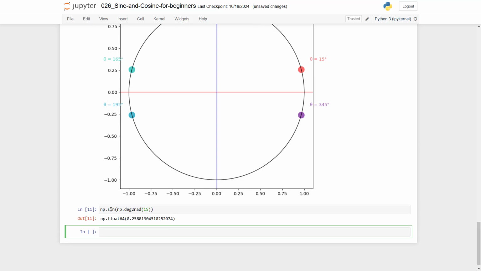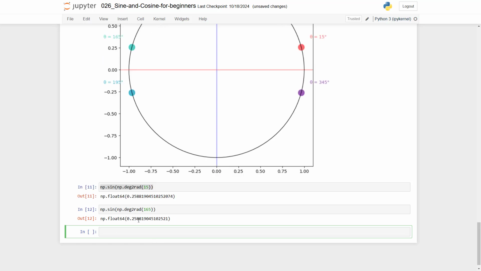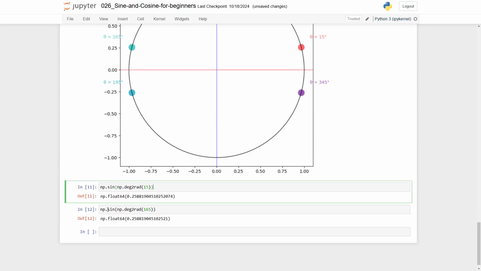Okay, and let's say this one is 165, and we see exactly the same number. Okay, not exactly the same because it's a floating point, but we have 0.258. So I hope you can see that the sinus are the same, but the cosinus should be with a difference.